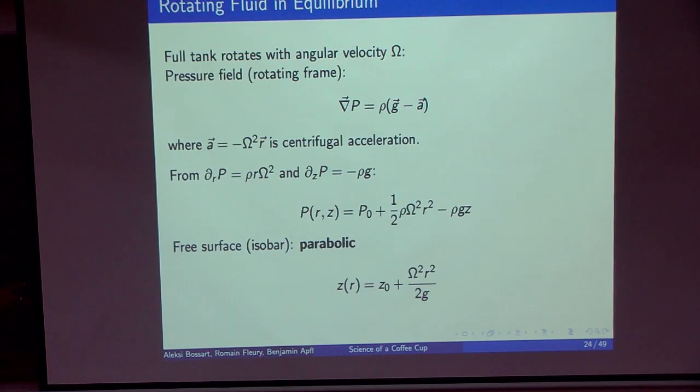Now we are just looking at the radial component, the rate of change of pressure in the radial direction, which is just density times radius times the angular velocity squared. And the pressure component moving upwards is just rho g h, and we are differentiating with z, which is h, so minus rho g.